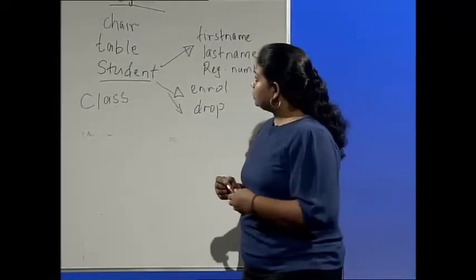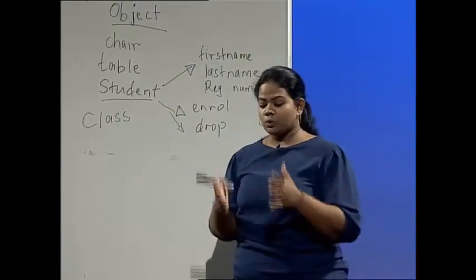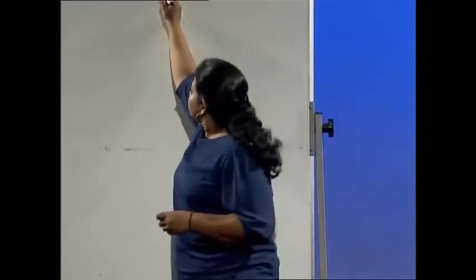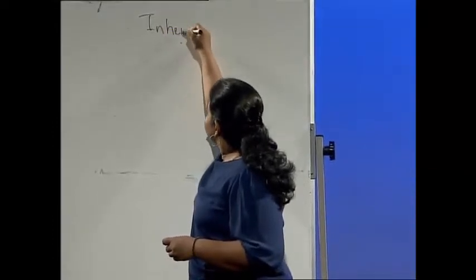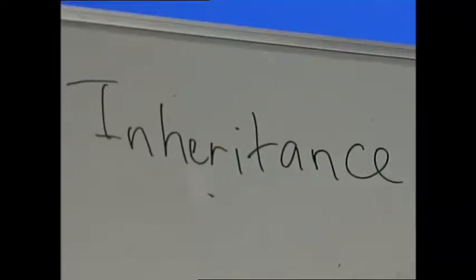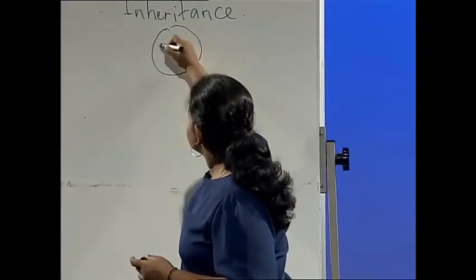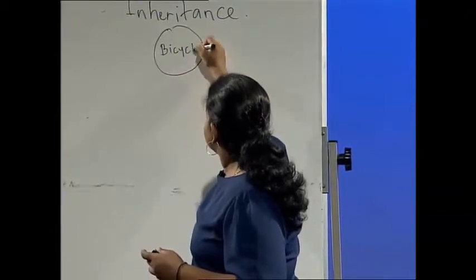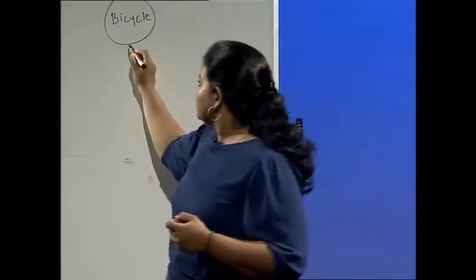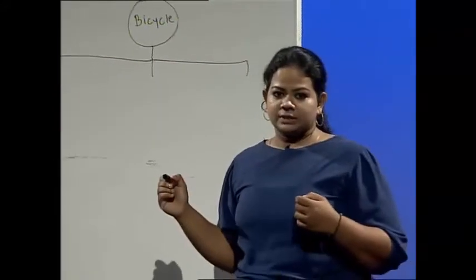Now that we have looked into the basic concepts, let's move into the most general one. We have inheritance. Please note that there is no particular order as such. When we look at inheritance, let's look into a basic example. Imagine a bicycle. A bicycle may have subclasses.